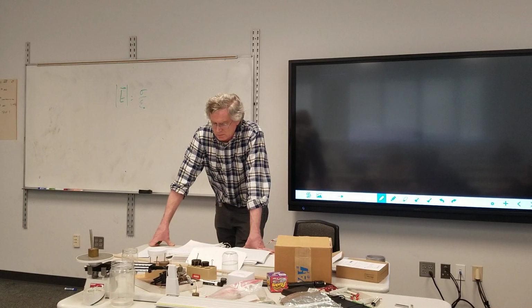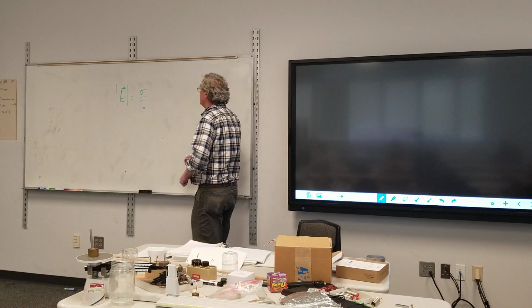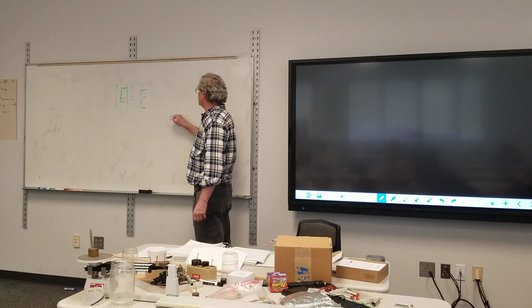How do we find the sigma? You were told the charge and the area. Sigma is the surface charge density, so sigma is just the charge over area.